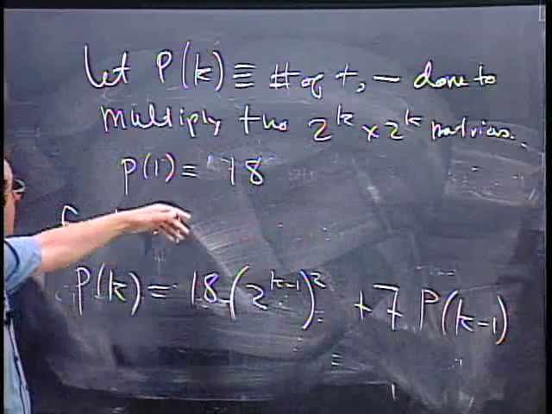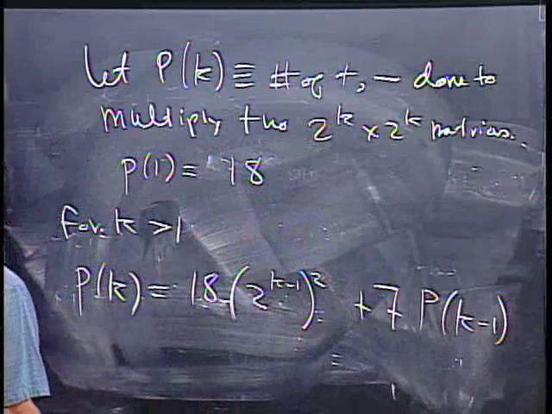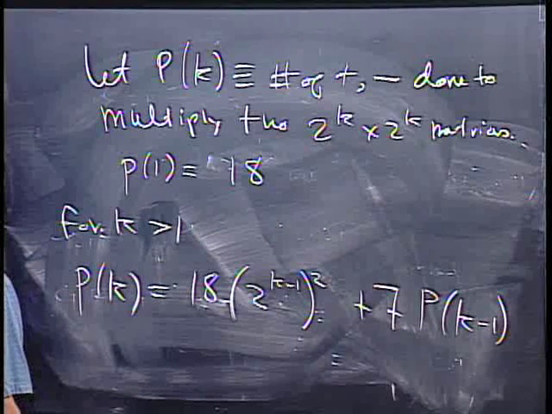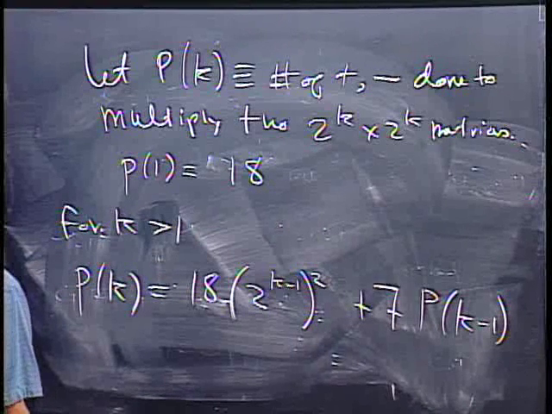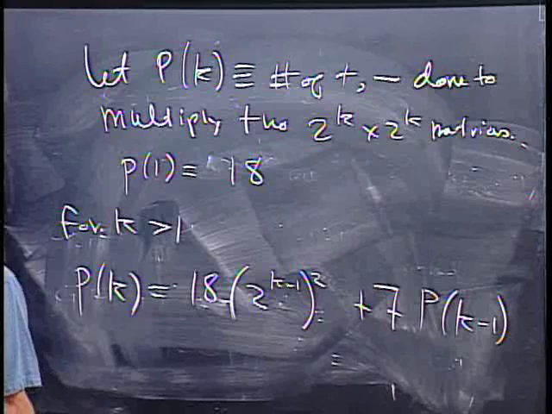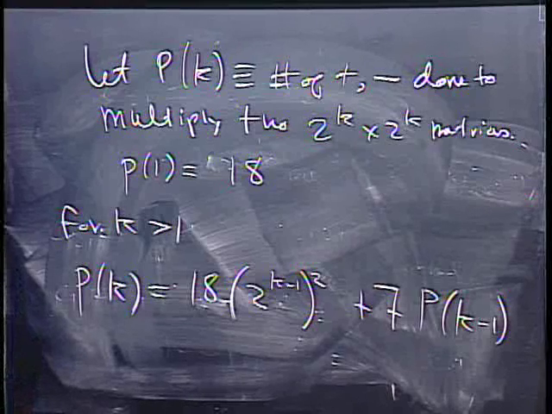Well, we know that Strassen's method for multiplying 2 by 2 matrices uses 7 multiplications and 18 additions and subtractions.